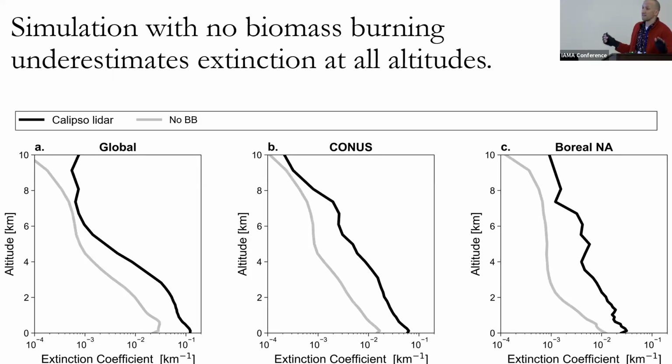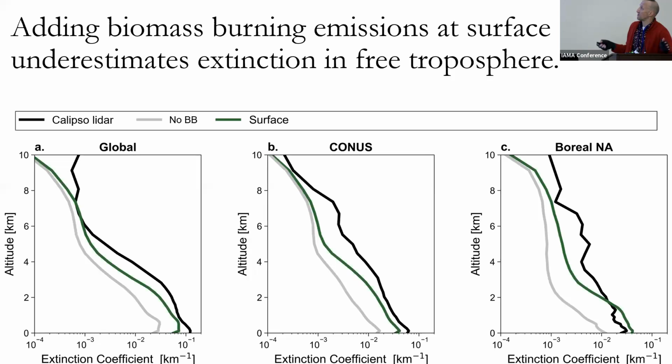It makes sense that we've limited the cases to where we know smoke is impacting, and when we run the model with smoke off, we are going to underestimate extinction in all these different locations. If we then turn on smoke but emit it only at the surface, so it's mostly confined to the boundary layer, though sometimes it may be able to mix out because of convection or large-scale meteorology, we tend to underestimate, particularly in the mid-troposphere.